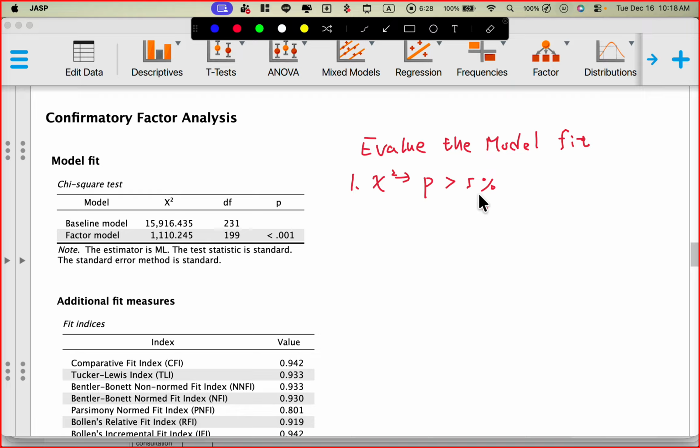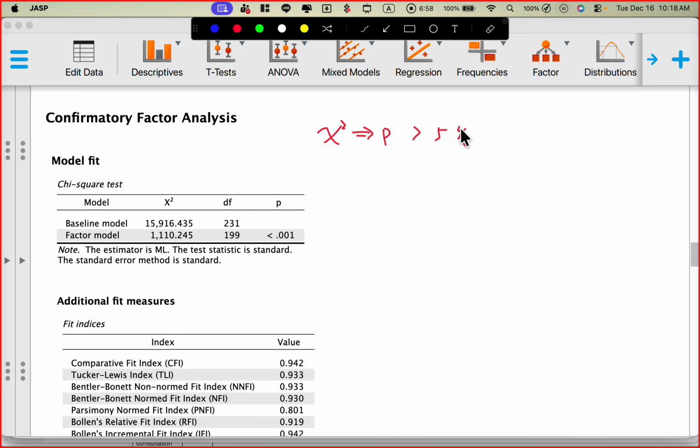The chi-square test, the p-value is significant, less than 5%.